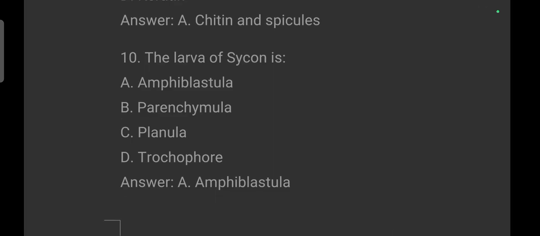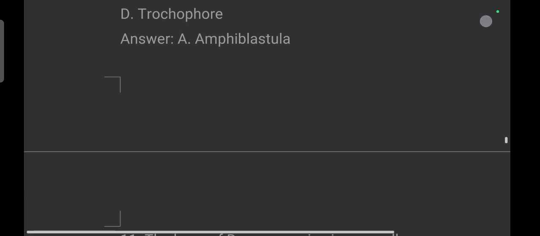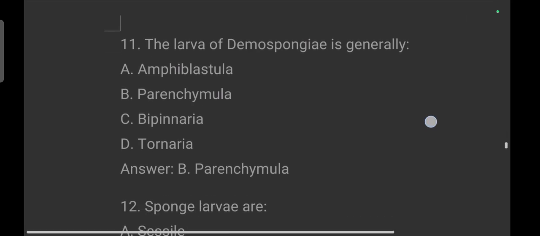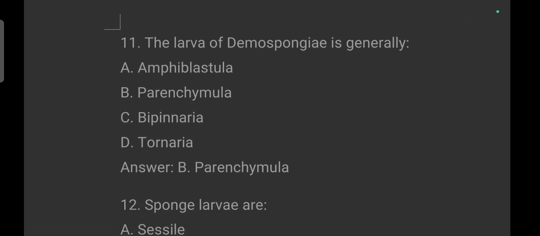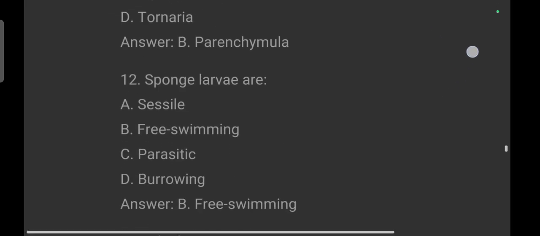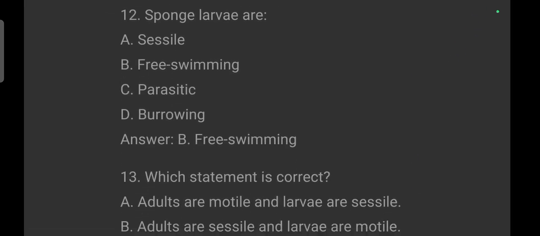The larva of Scypha is amphiblastula, parenchyma, planula, trochophore. Answer is amphiblastula. The larva of Desmospongia is generally amphiblastula, parenchyma, bipinnaria, or tornaria. Answer is parenchyma. Sponge larvae are sessile, free swimming, parasitic, or burrowing.